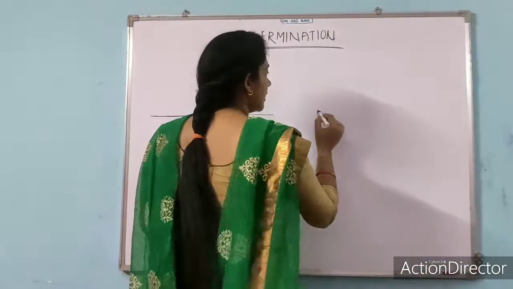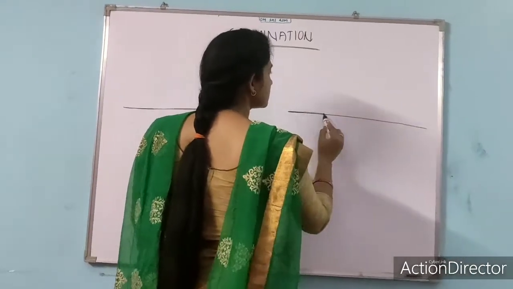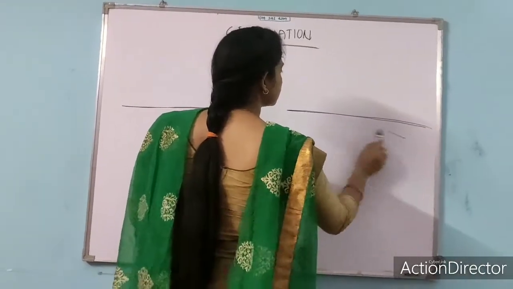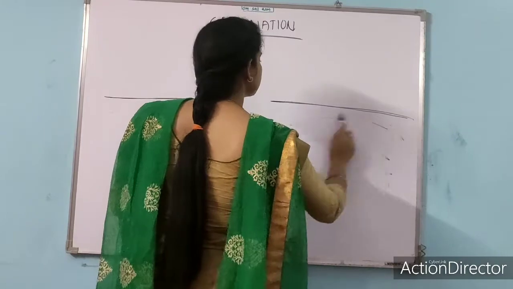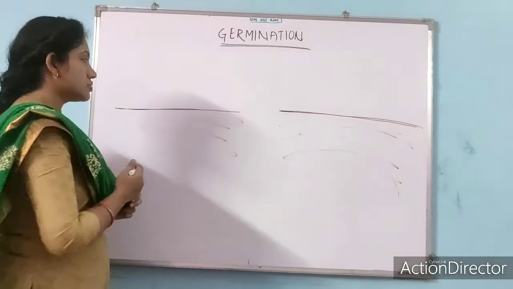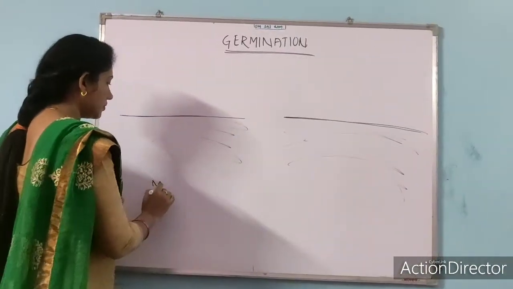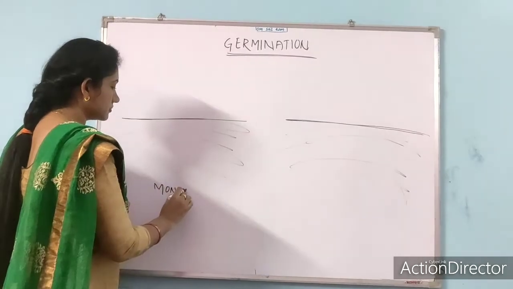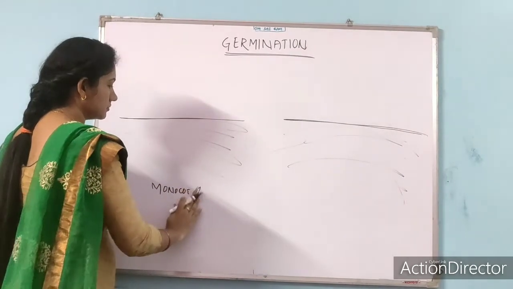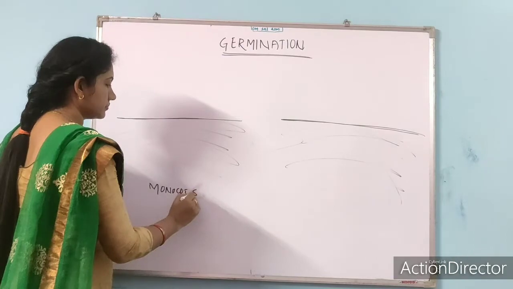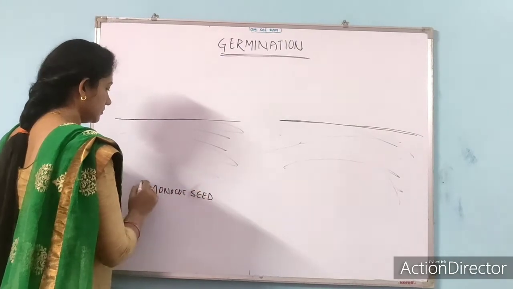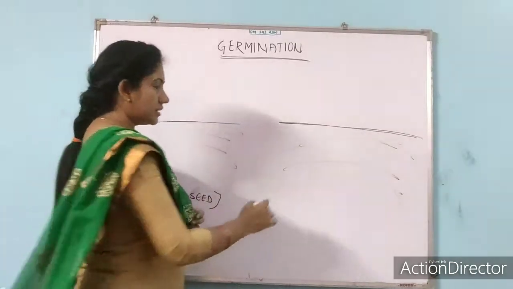And this side I am doing for dicots. Here I am writing monocot seed, and here I am writing dicot seed.